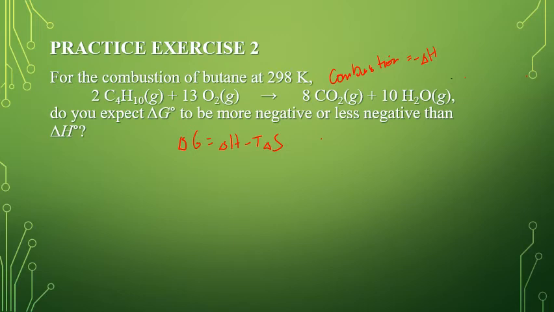I have 18 moles of gaseous products. So since I'm increasing the number of moles, I know that this will infer that we have a positive value for delta S. And thinking about my equation, since I have delta H minus a T delta S, again, I'm taking a negative and subtracting a positive. So therefore, delta G would have to be more negative.